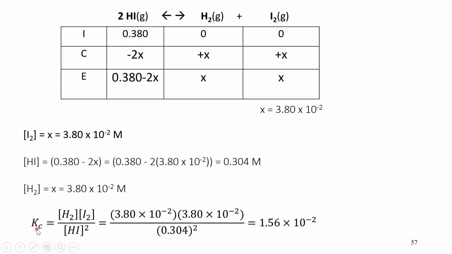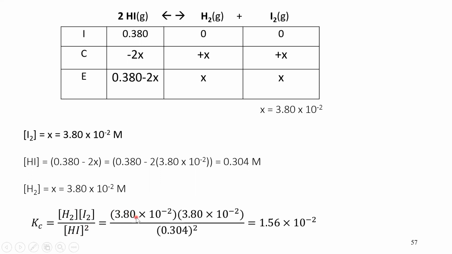Okay, so your K expression is hydrogen times iodine divided by hydrogen iodide squared. We plug in our values.